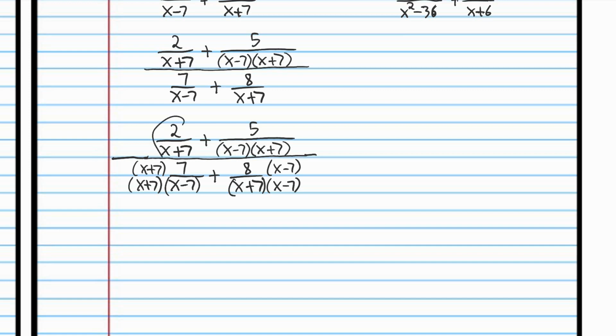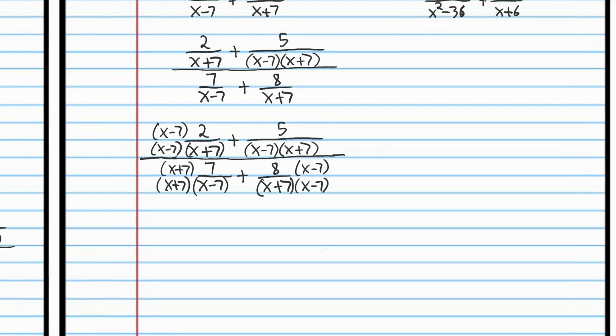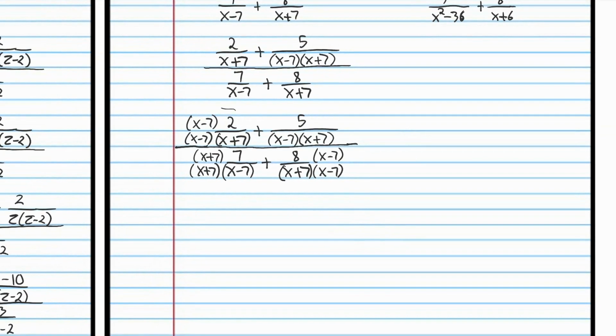And I'm going to multiply both sides of this fraction by x minus 7. And I don't have to do anything to this fraction because I already have x minus 7 times x plus 7. Alright, so now we're going to distribute: 2 times x minus 7 is 2x minus 14.